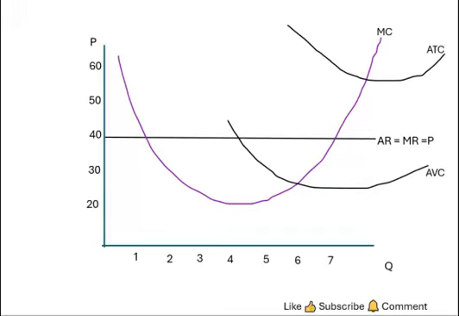And profit is maximized where marginal cost equals marginal revenue, and that is at point A. And we can see that at point A, the output produced is 7. And at output 7, we draw this line here.